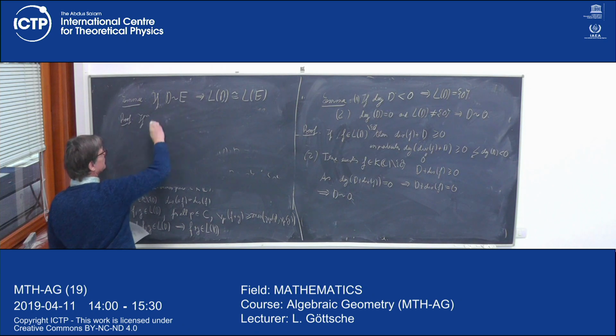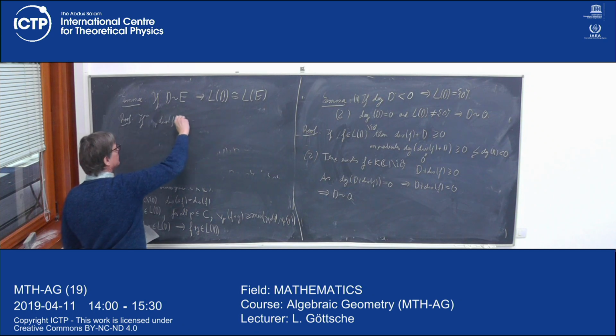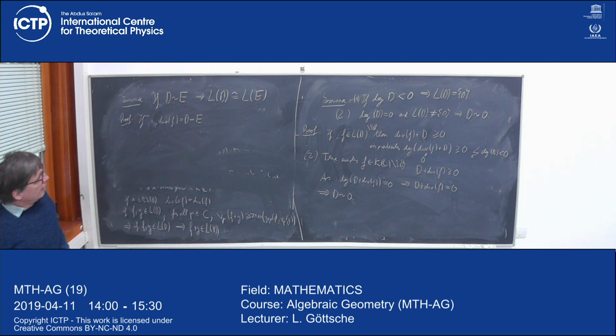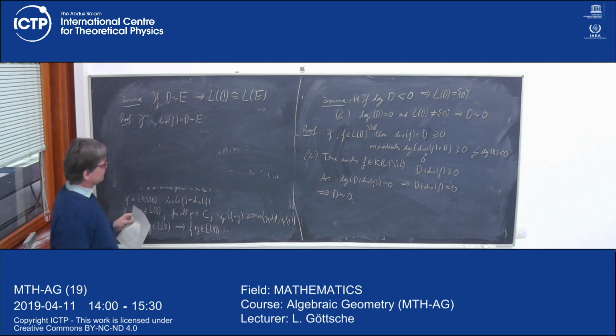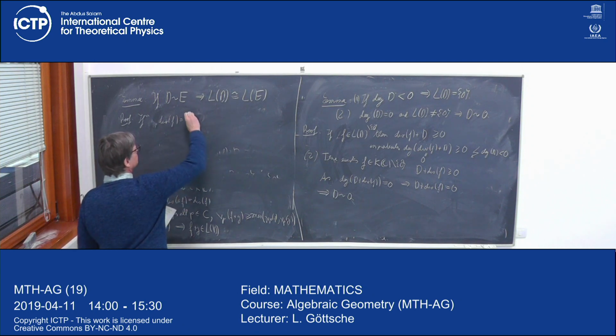So these are linear equivalent, so if I have a function f such that the divisor of f is equal to D minus E, or maybe E minus D.